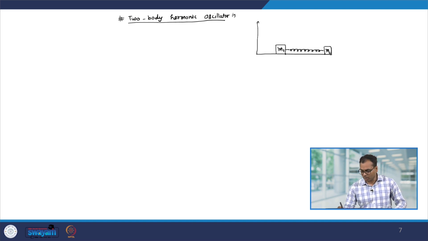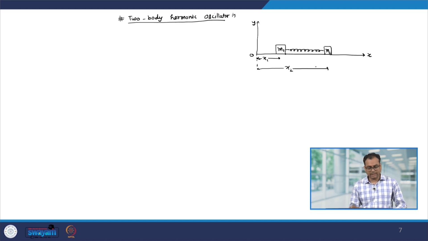To formulate the problem, let us say that the first mass is at a distance x1 and the second mass is at a distance x2, and the natural length of the spring is L.